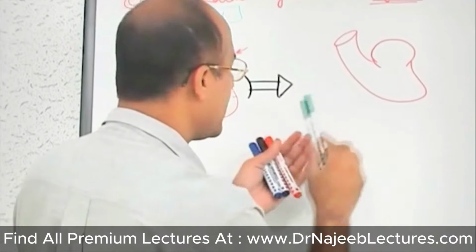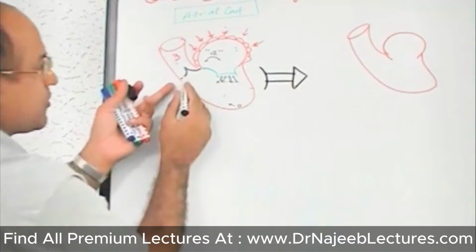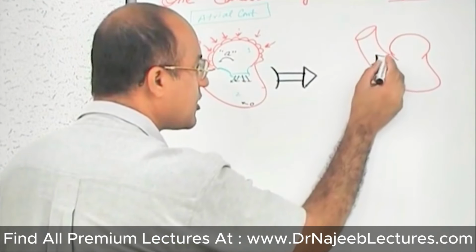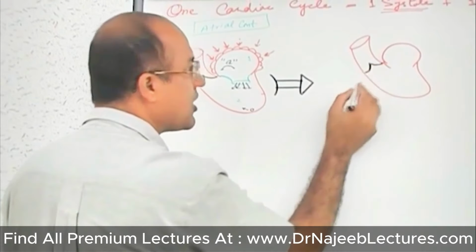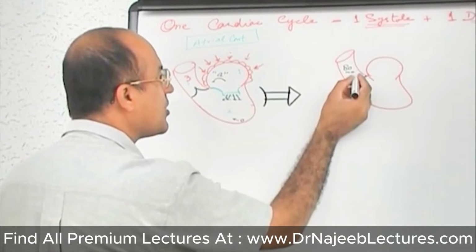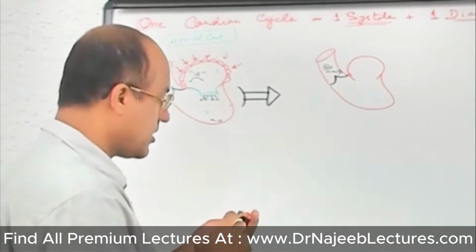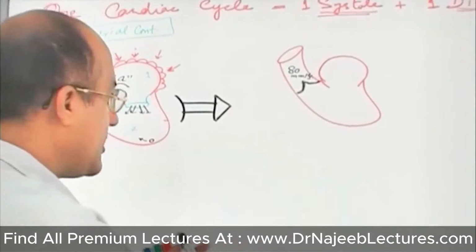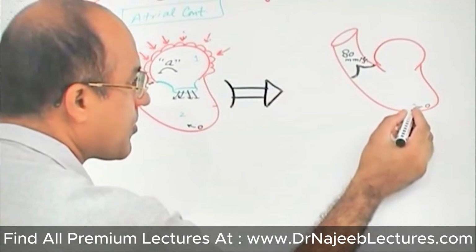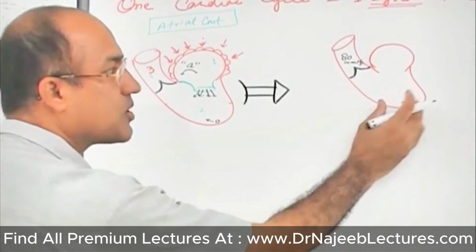Now in the next phase, it is properly filled. But as you know already, at the onset of this phase, the aortic valve is already closed, because pressure here is about 80 millimeter of mercury. Right? Now, what really happens at this stage is that when ventricles start contracting, pressure in the ventricle starts building.